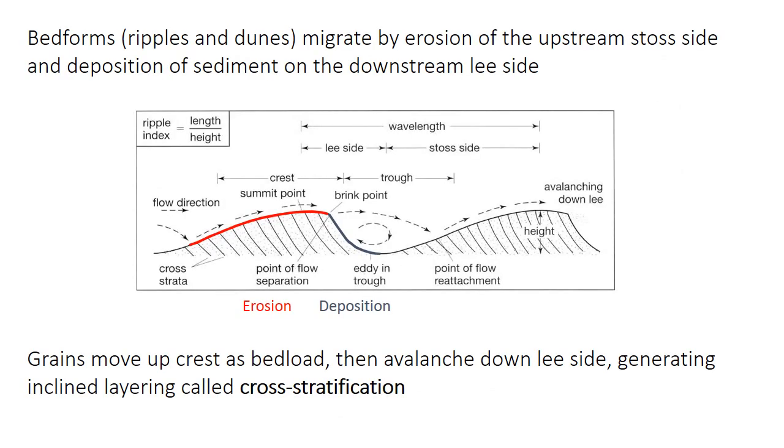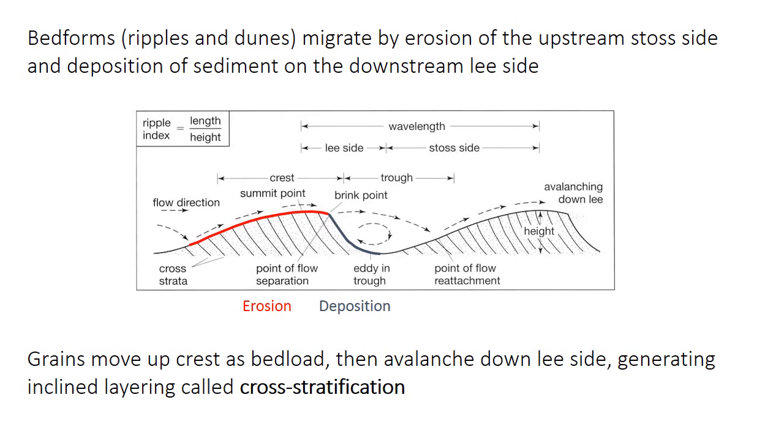So you may remember that both ripples and dunes migrate in a similar fashion. They erode on the upstream or stoss side, and deposition occurs on the steeper downstream lee side. This pattern of sediment transport arises because of the water flow and the velocity changes as the water interacts with the bed. But it occurs in the laminar sublayer for ripples and in the turbulent boundary layer for dunes.